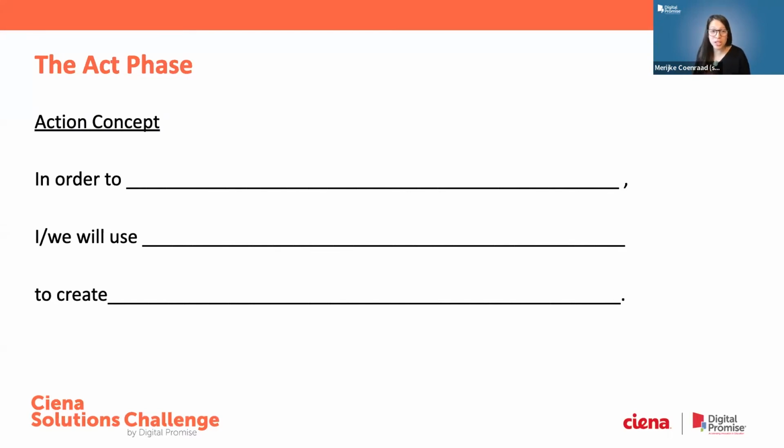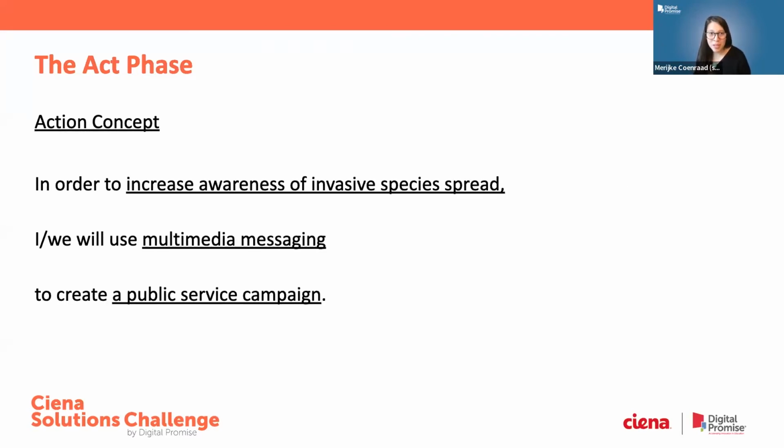I want to share a few action concepts from teams that participated in the challenge last year to give you an idea of what this might look like. One of our teams from Canada had the action concept, in order to increase awareness of invasive species spread, I or we will use multimedia messaging to create a public service campaign.